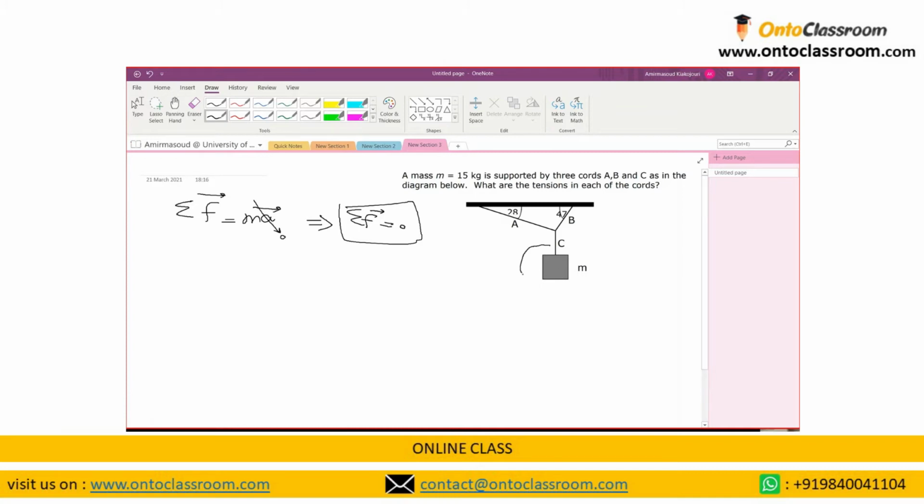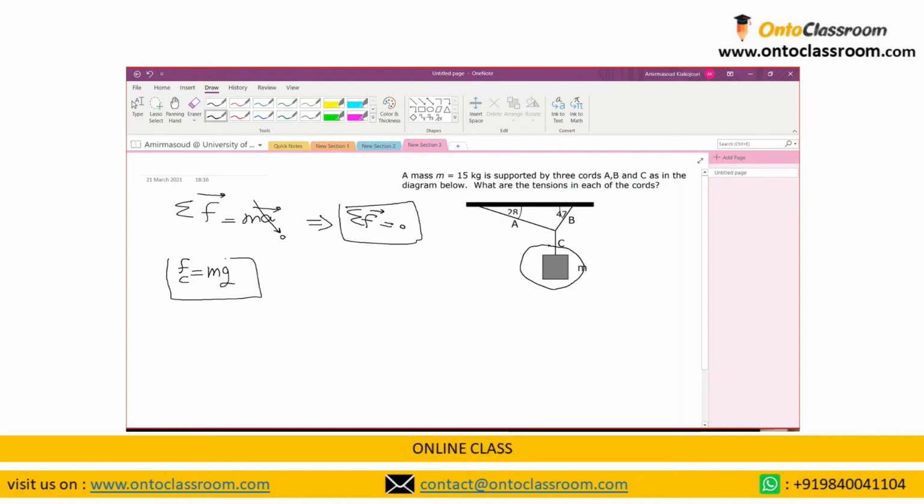And if I write this equation for these two parts, it could be concluded that the F of chord C is equal to mg. m is this mass and g is the gravity acceleration.